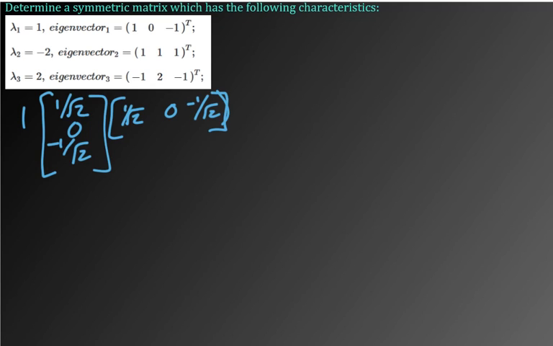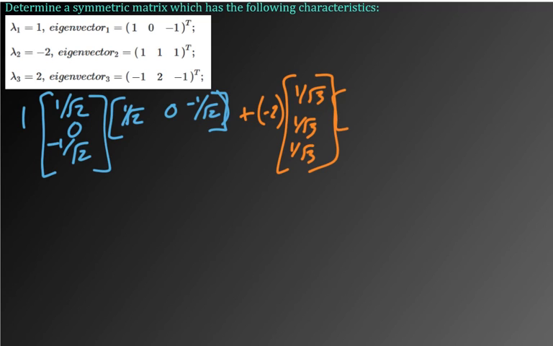And then I'm going to add to that eigenvalue of negative 2 times 1, 1, 1 normalized, which is 1 over root 3, 1 over root 3, 1 over root 3, times the transpose, 1 over root 3, 1 over root 3, 1 over root 3.